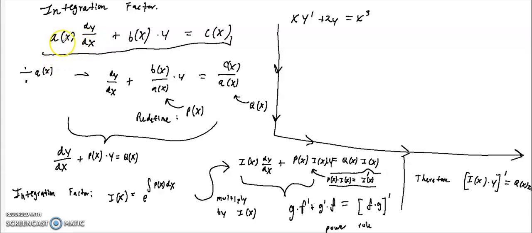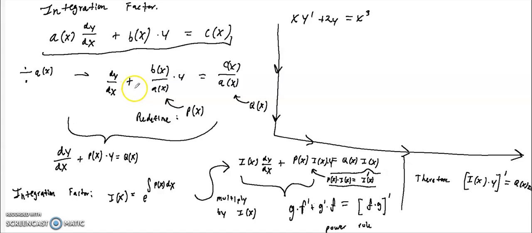So you can have a function of x like x cubed times dy dx, or f prime, plus maybe x squared, which has to be a function of x or a constant, times y equals another function of x. And an integration factor is an interesting way to solve this problem.